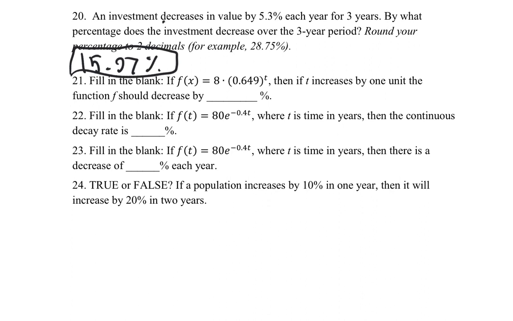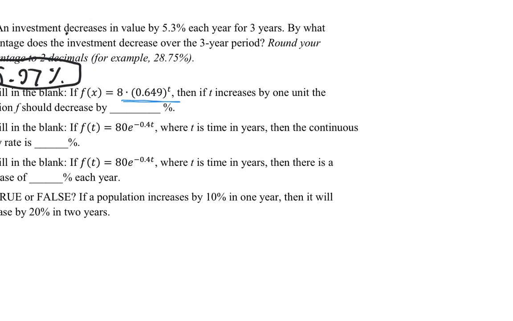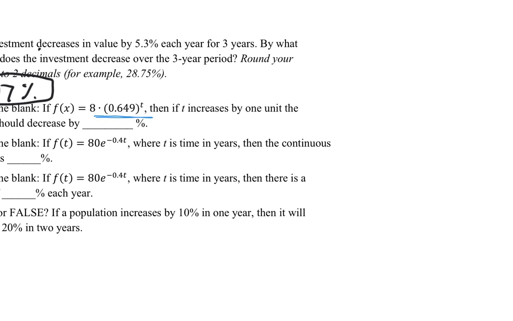Now for our next problem, we're looking at this function here, and what we want to know is, if t increases by 1 unit, then what percent should f decrease by? So similar to last time, I'm going to write down p equals a times b to the t. We can also think about this as a times 1 plus our rate to the t, where 1 plus the rate is just equal to b.